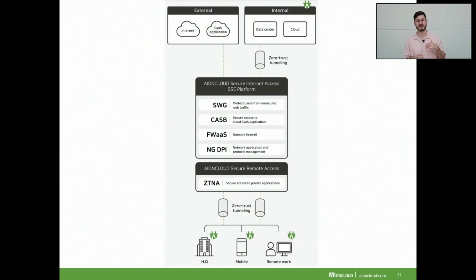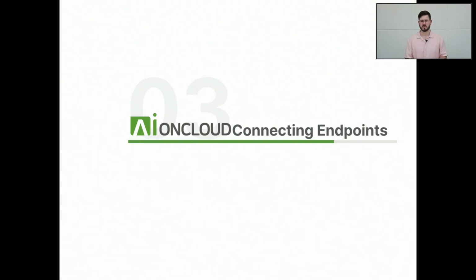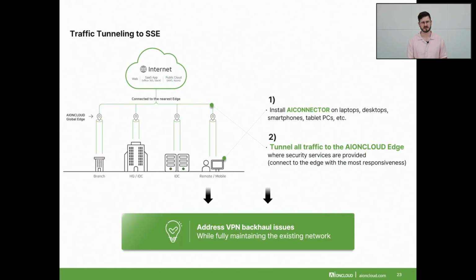Their traffic is then passed through multiple different security layers and can then be routed to internal resources that have our agent as well, or externally into SaaS applications and internet access. From here, we're going to look at how to implement the use of AIONCLOUD on your business devices.